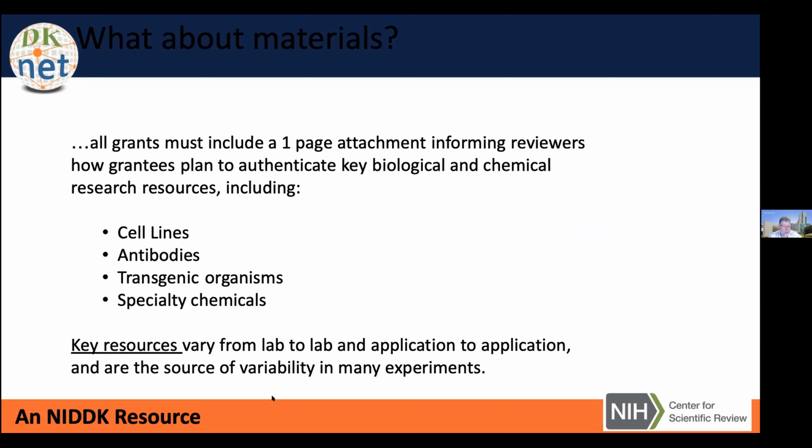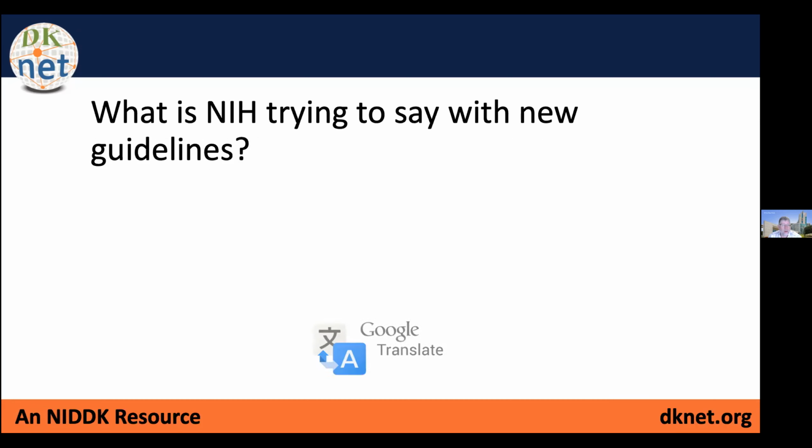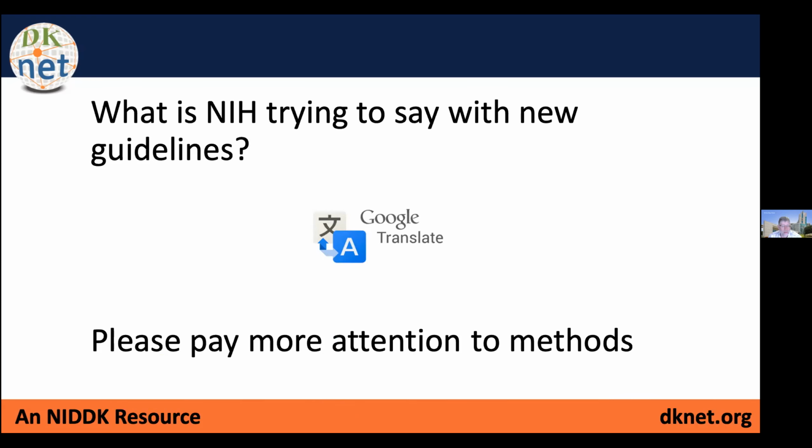You also want to make sure that the resource you're using is actually doing its job. So what is NIH trying to say with the guidelines? Again, pay more attention to the methods, and make sure that things are documented well, such as the RRIDs.